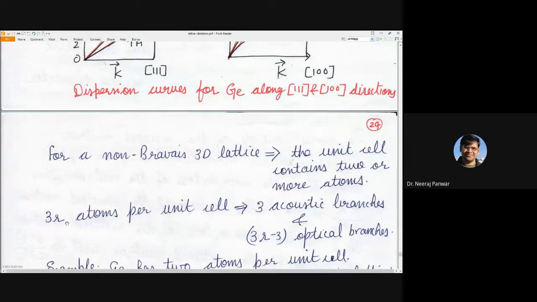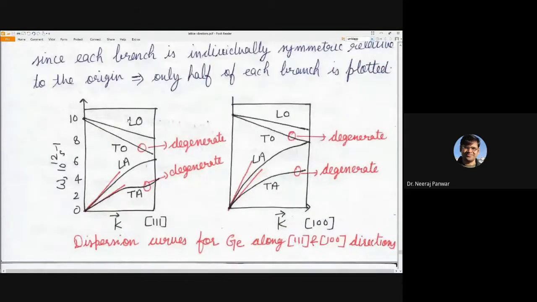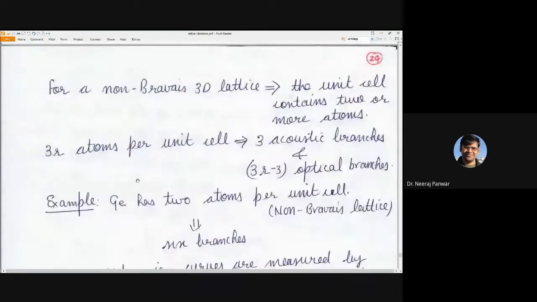If r is equal to 2, we will have 3 acoustic branches and 3 into 2, 6 minus 3, that is 3 optical branches. That's why we will have 6 branches for a diatomic chain. And similarly, we can study other types of non-Bravais lattices.